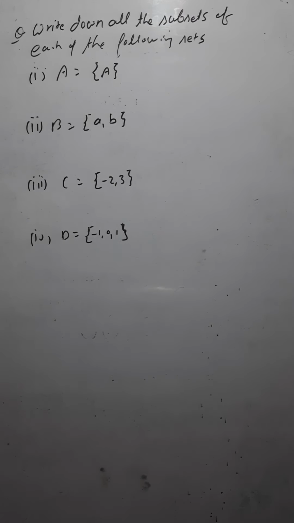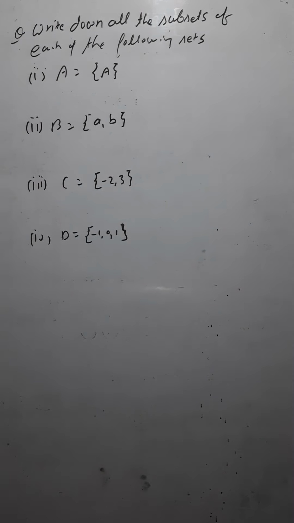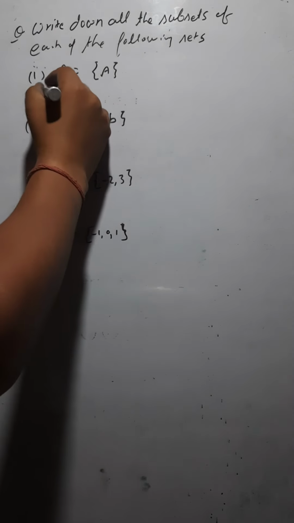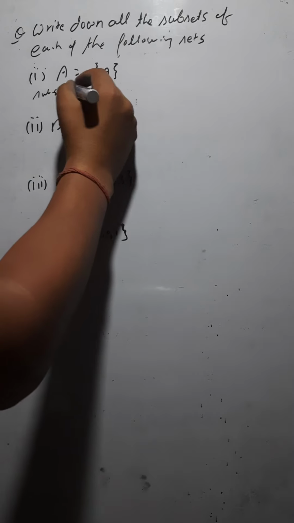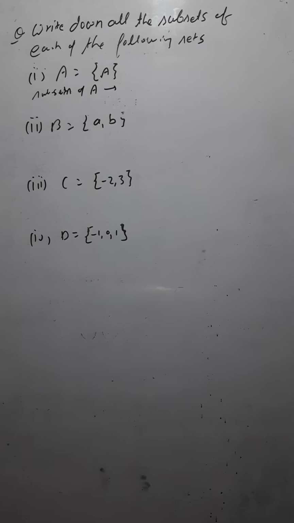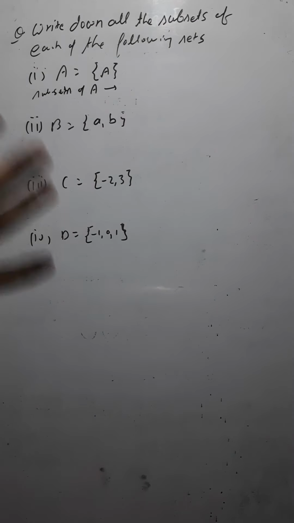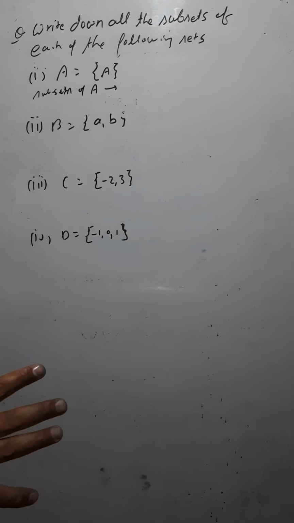Now this is the next question. Here you have to find all the subsets of the given set. Write down all the subsets of each of the following sets, meaning all the possible subsets. Let's say you have a set A, and set A has only one element, that is a. Now you have to write its subsets. You know phi is a subset of all sets, we have just discussed it.